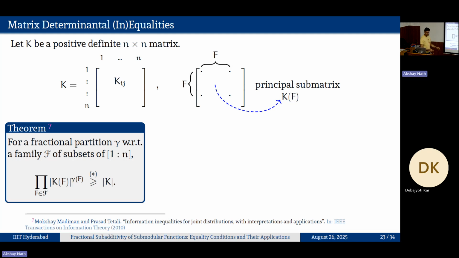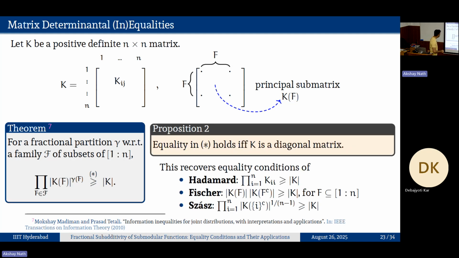You can define a distribution such that the entropy of the distribution is some log of these. And then you can show that equality in these inequalities holds if and only if K is a diagonal matrix. That recovers a lot of the equality conditions here as well.